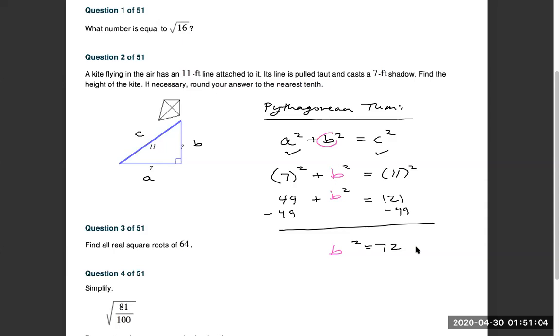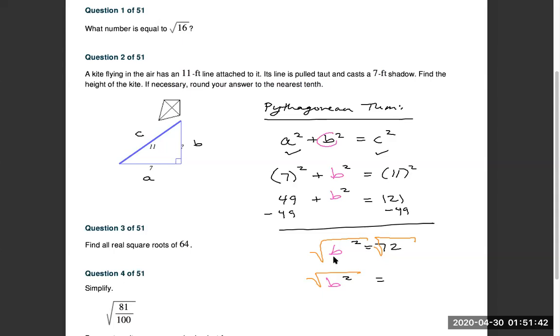And then essentially in this next step, we're going to learn how to isolate your B when you have an exponent here. So that's where your roots come in. We're going to take the square root of both sides. So we have square root B squared equals, and we're actually going to learn about this in a little bit.